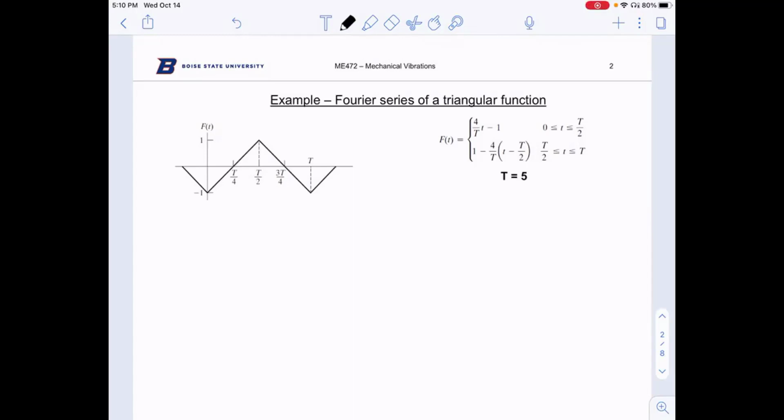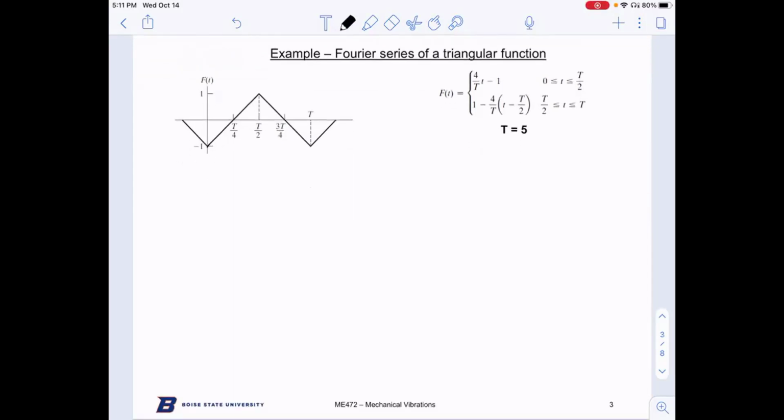And here I'm going to give you an example of how to calculate a Fourier series by hand. All right. So we have a sawtooth function, or triangular function. In this case, we know the period is T. Your T is 5 seconds.